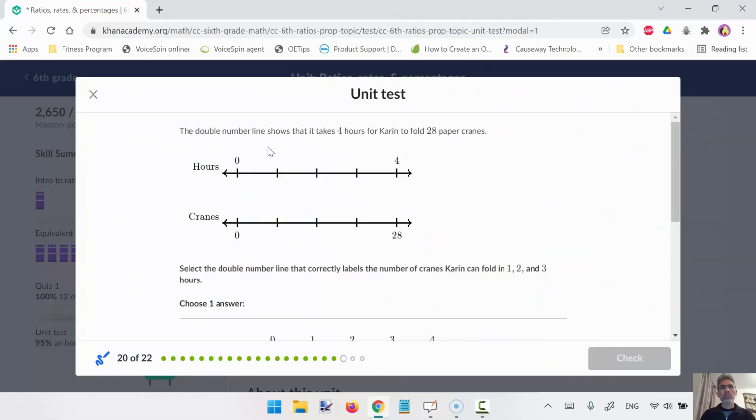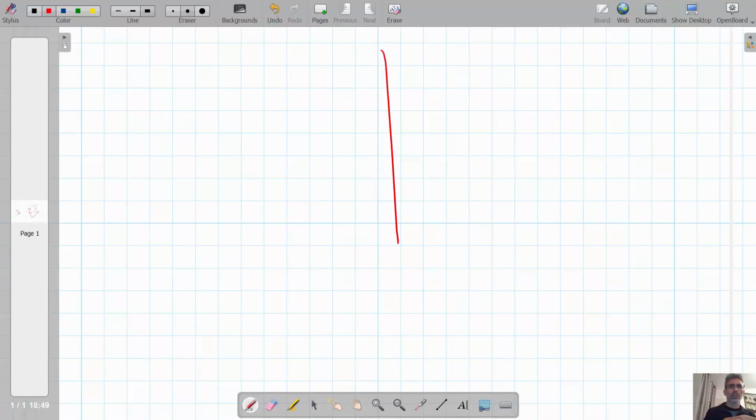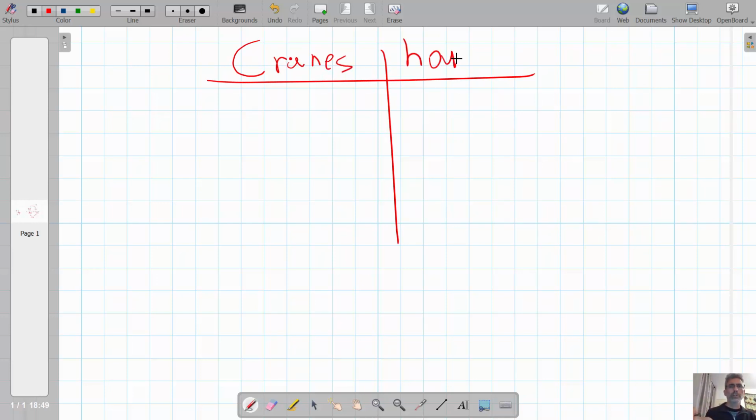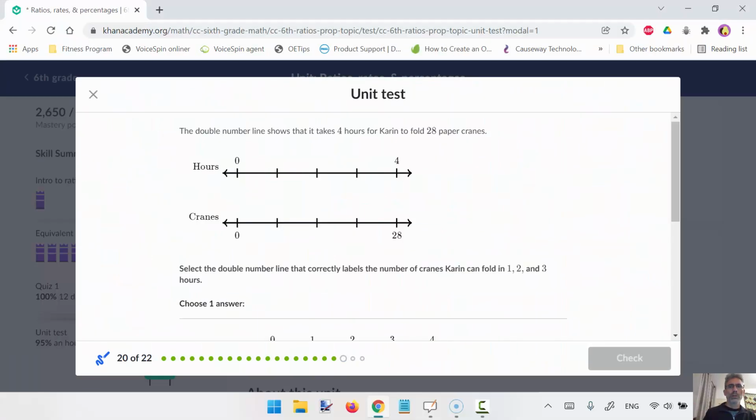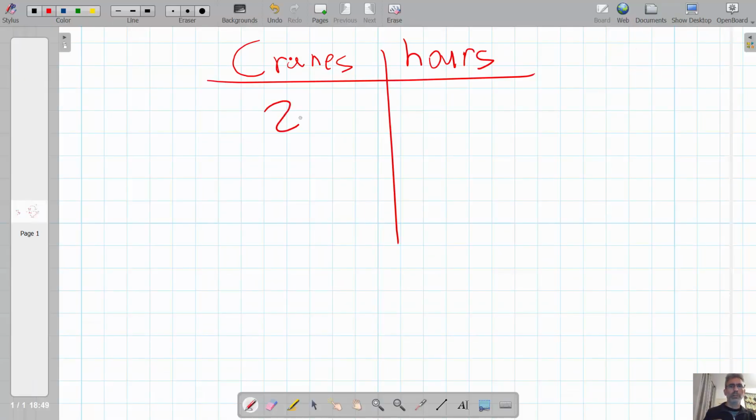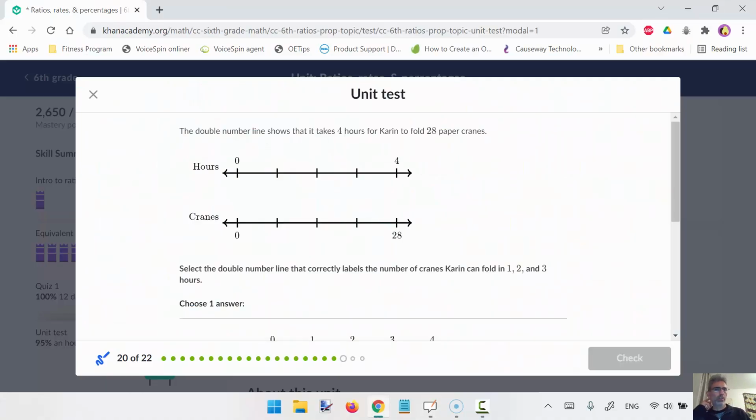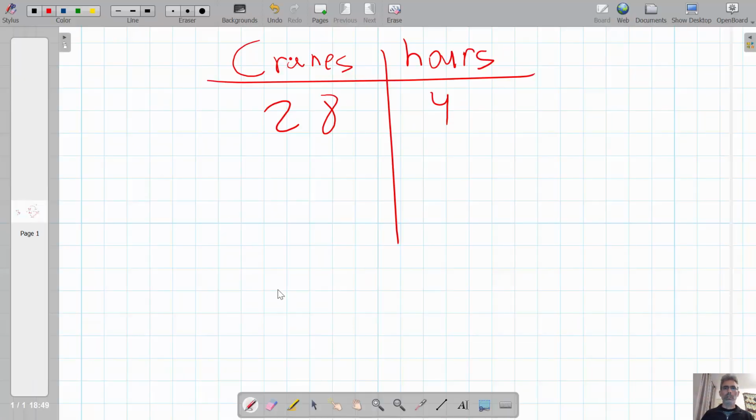The double number line shows that it takes 4 hours for Corinne to fold 28 paper cranes. Select the double number line that correctly labels the number of cranes folded in 1, 2, 3 hours. Okay.